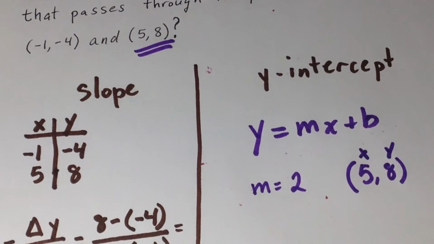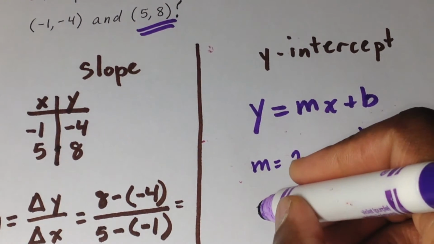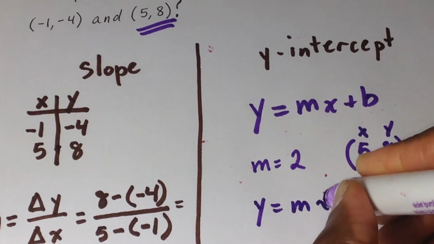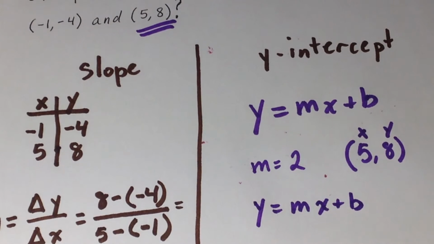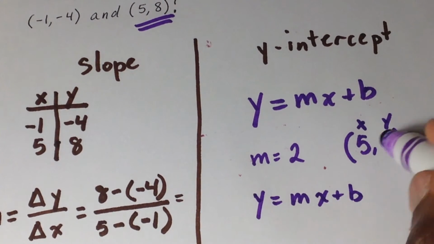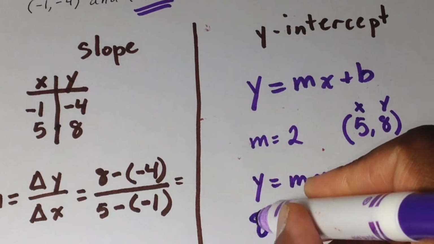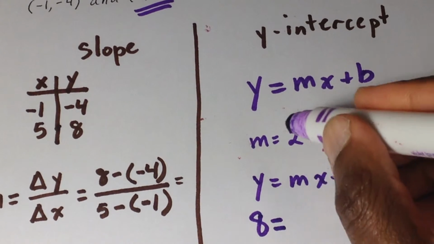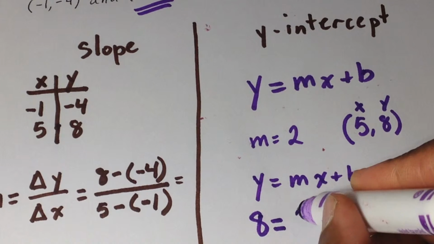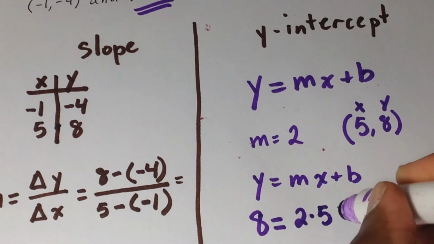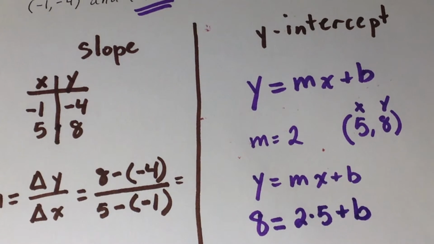So now when I substitute, let me just rewrite the equation again. Y is equal to mx plus b. I'm going to substitute. Y is 8. So let me put 8, which is equal to m, which is 2, times x, which is 5, plus b.